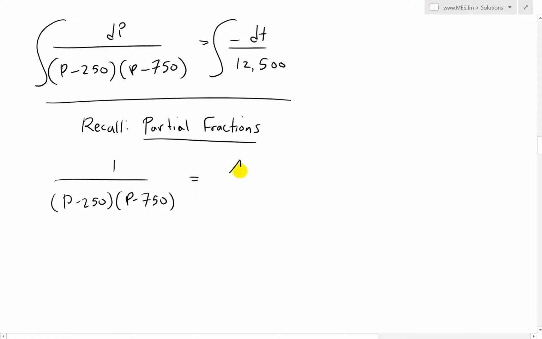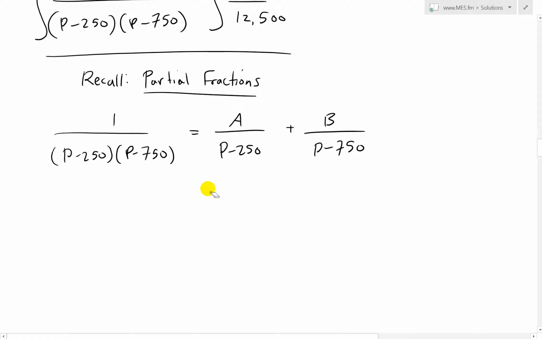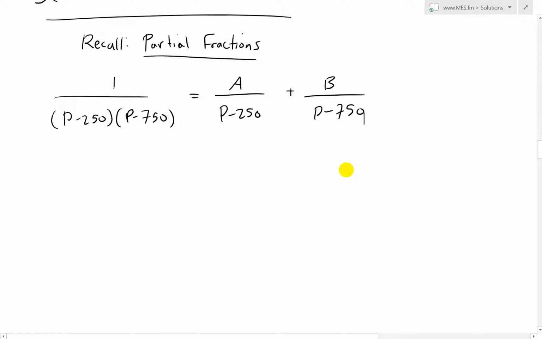This equals a constant a, times p minus 250, which is the first factor, plus a constant b, and then this is p minus 750. So the idea is you separate this full fraction into partial fractions based on these two factors.